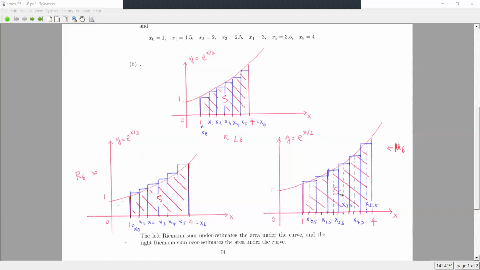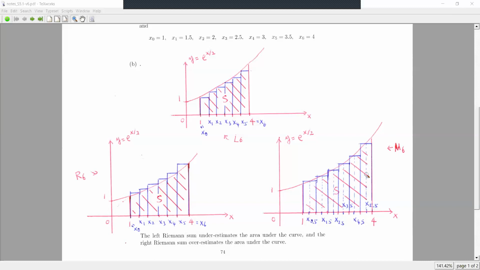Now, the sum of the areas of these 6 rectangles is the midpoint Riemann sum. The notation is M6, where M means midpoint. This time, from this diagram, I cannot tell which one is larger, the area of the region S or the sum of the areas of these 6 rectangles.